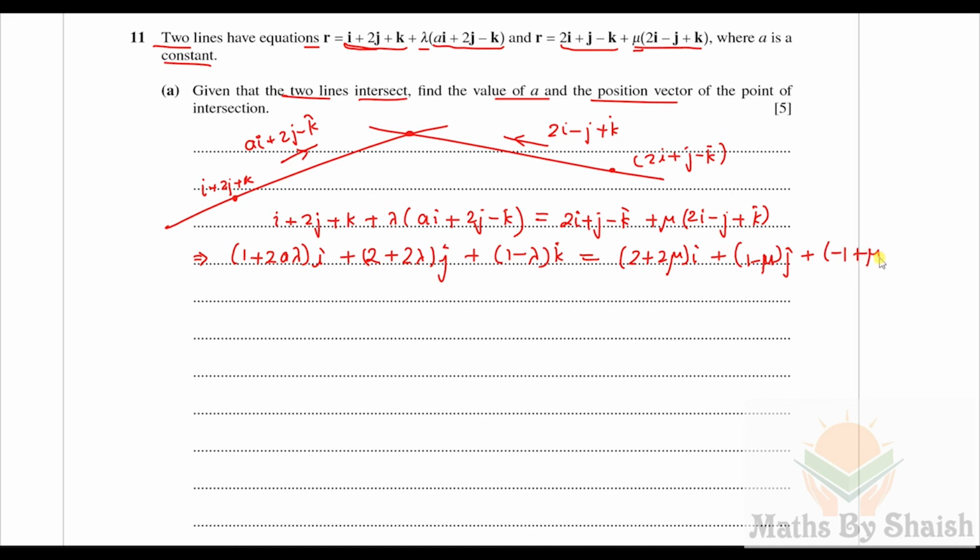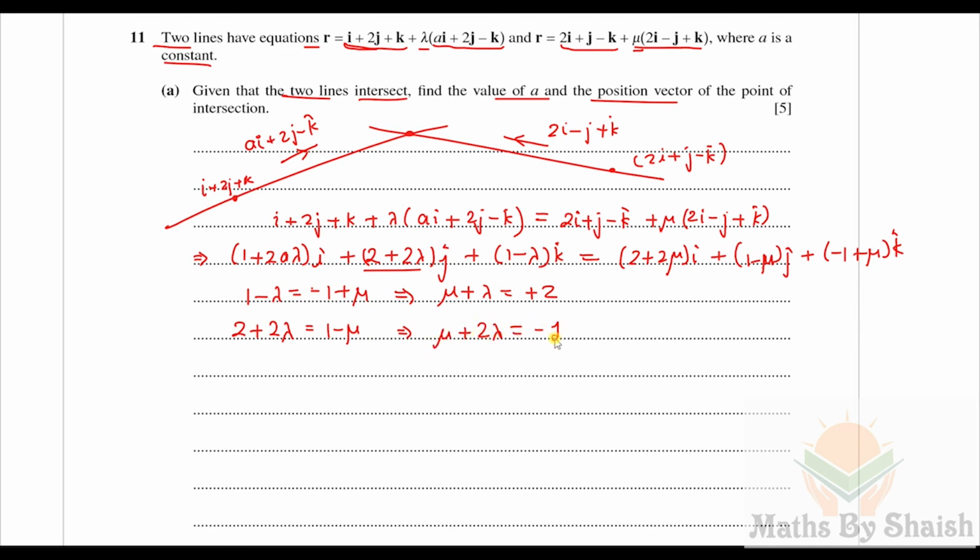Now equating the k coefficient, we get 1 minus lambda is equal to minus 1 plus mu, which gives mu plus lambda is equal to minus 2. Transferring, minus becomes plus 2, sorry. Equating the j coefficient, we get 2 plus 2 lambda is equal to 1 minus mu, that is mu plus 2 lambda is equal to minus 1.